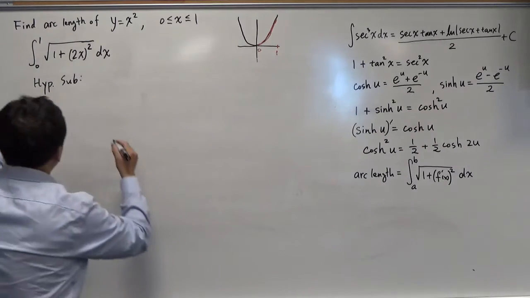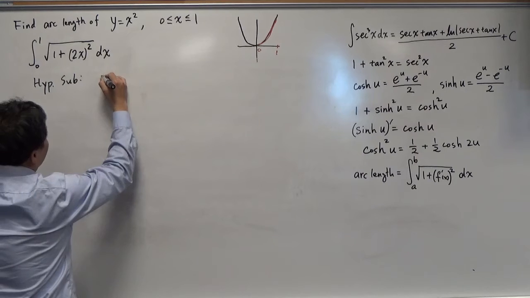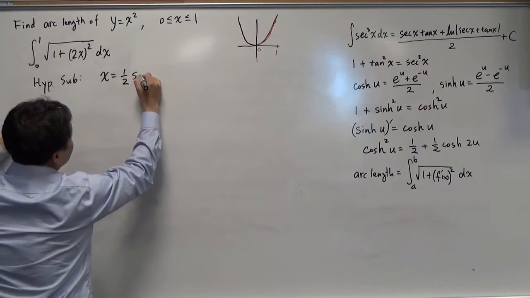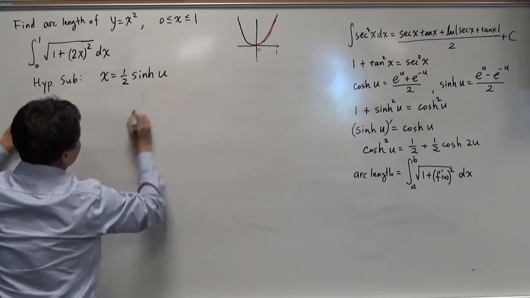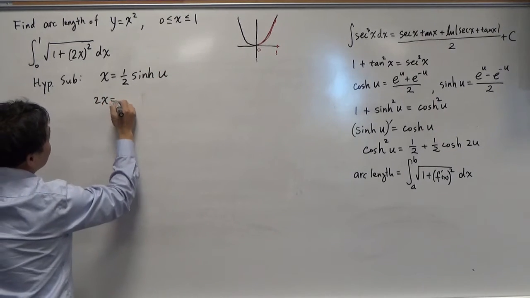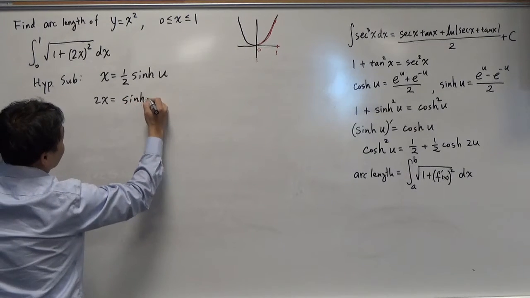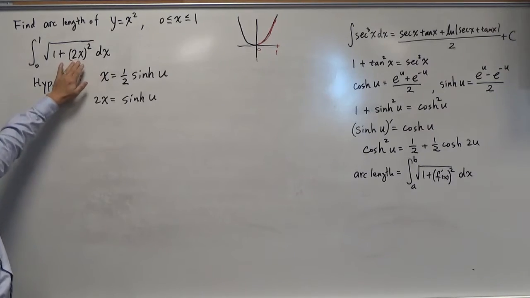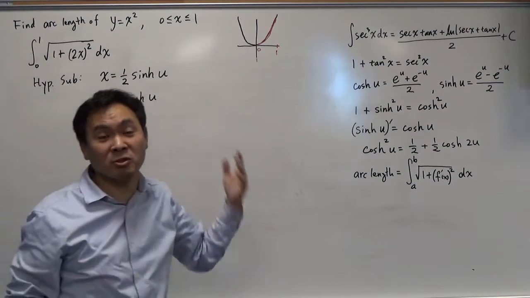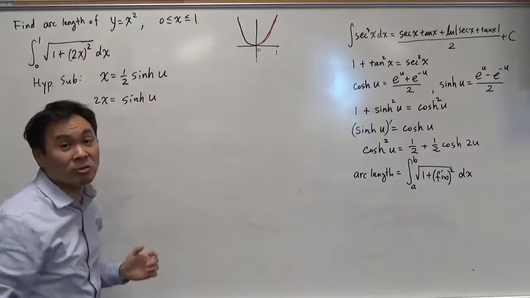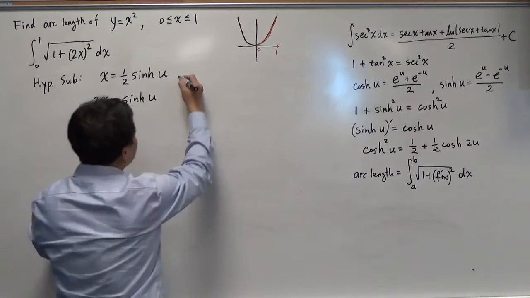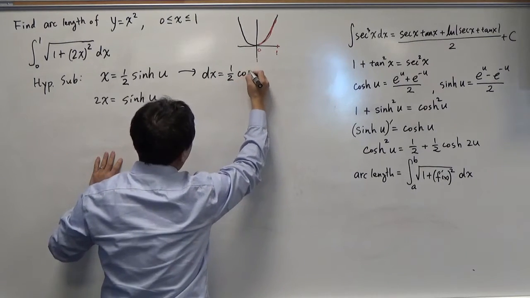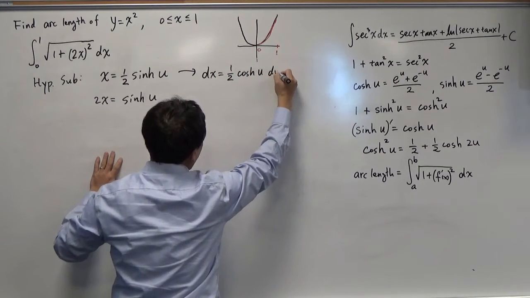So you want to set x equal to 1/2 of sine hyperbolic of u, because then 2x would be sine hyperbolic of u. So sine hyperbolic squared plus 1 will give you cosine hyperbolic squared, and that's going to cancel the square root. Moreover, if you differentiate this, dx is 1/2 cosine hyperbolic of u du.